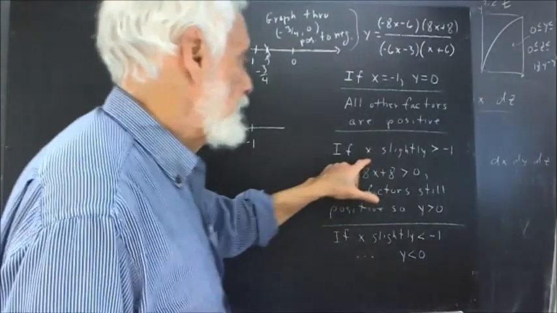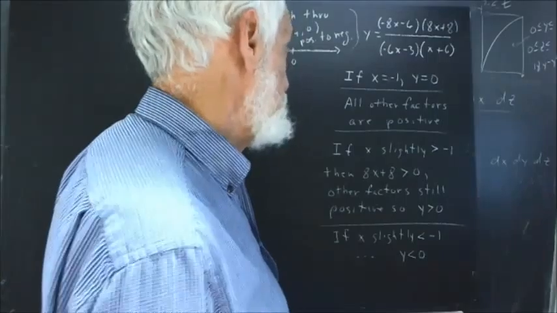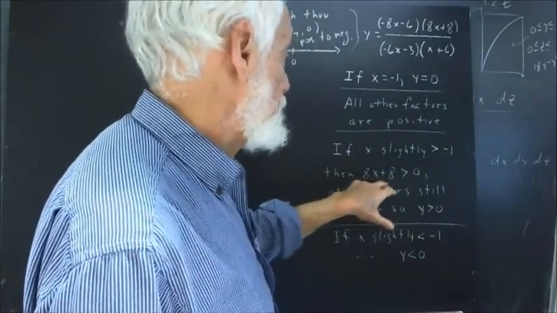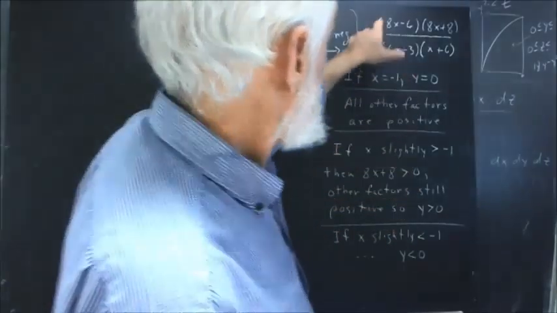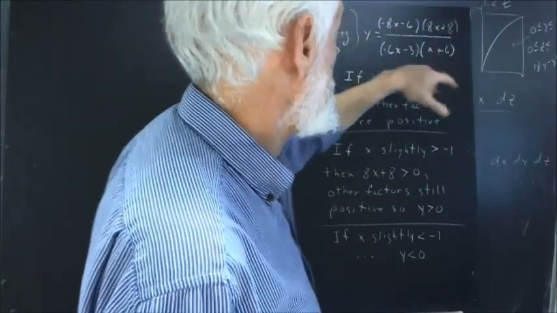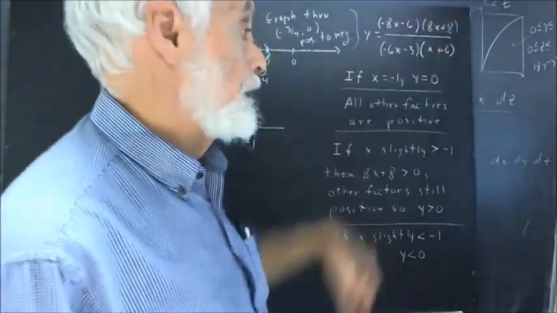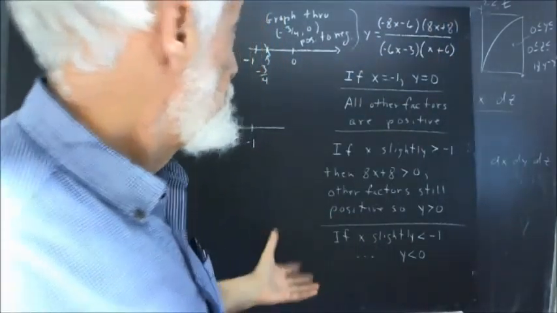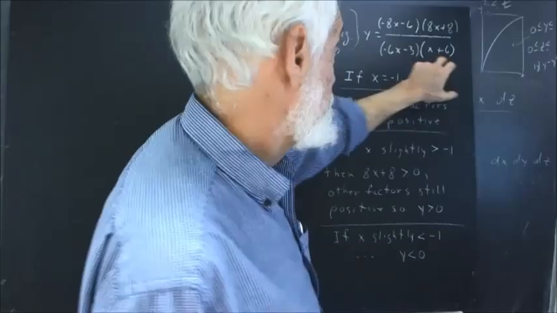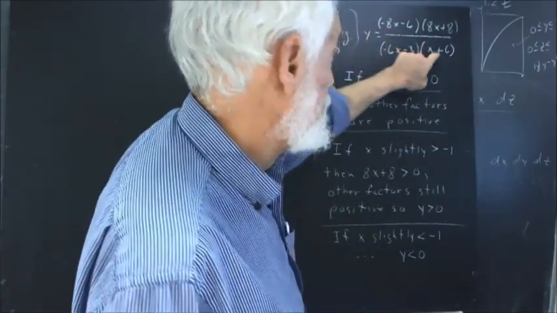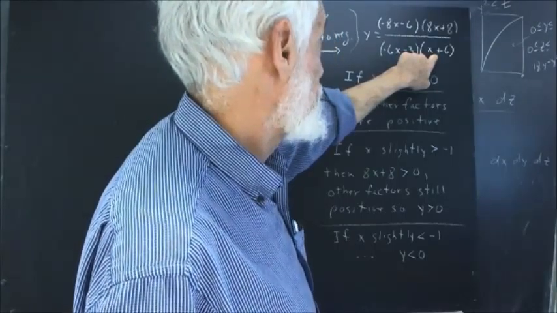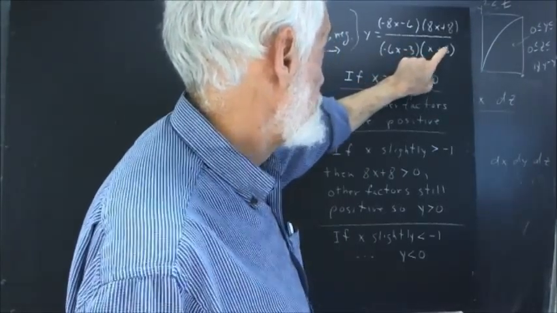This means that if x is slightly greater than negative 1, since that makes 8x plus 8 a little bit greater than 0, this entire product, or the entire calculation, is going to be done with positive numbers. These numbers are going to stay positive. Changing x by a little bit isn't going to change the fact that these three expressions are positive.